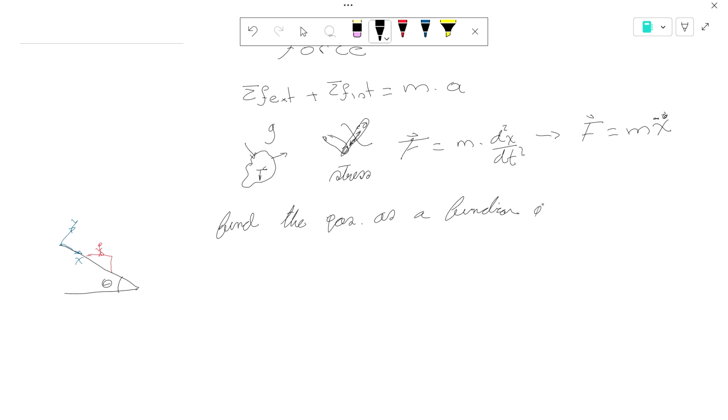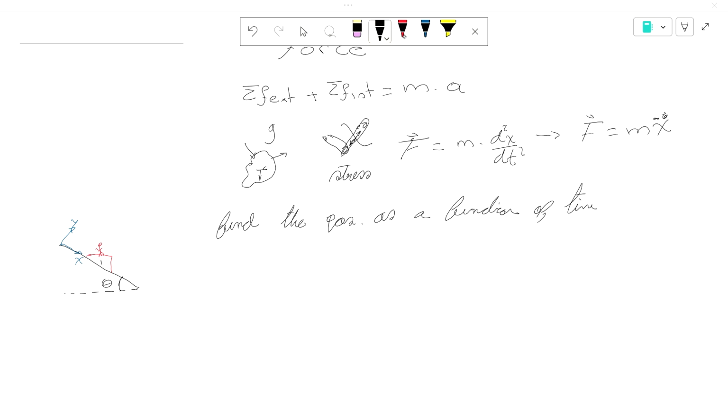So how do we know with respect to x where this position is, say the center of gravity, with respect to mass. And this is basically the angle with respect to the horizontal plane.